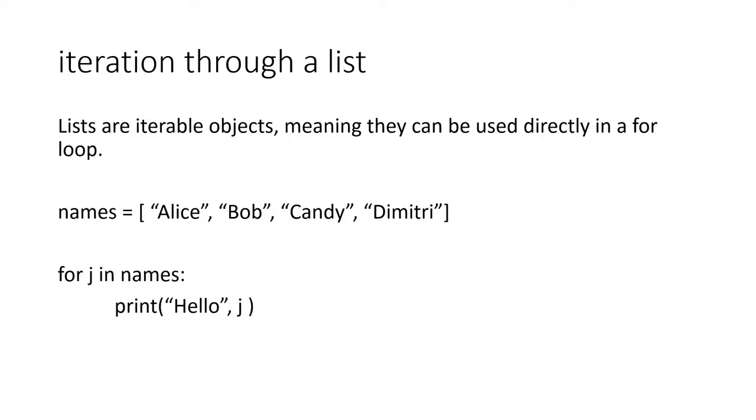So for example, if we were to create a list of names for Alice, Bob, Candy, and Dimitri, then we could simply use a for loop to say for each element j in the list names, we'll print out hello followed by that name. So this would print out hello Alice, hello Bob, hello Candy, and hello Dimitri.